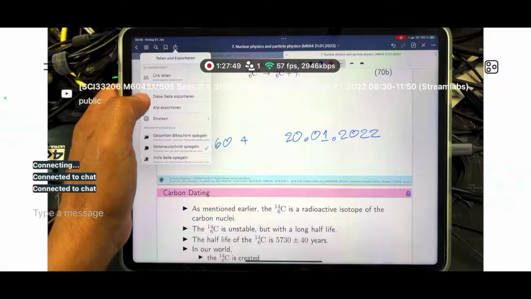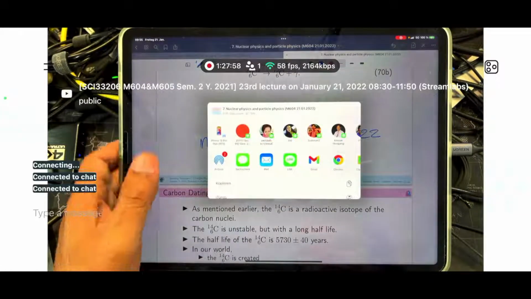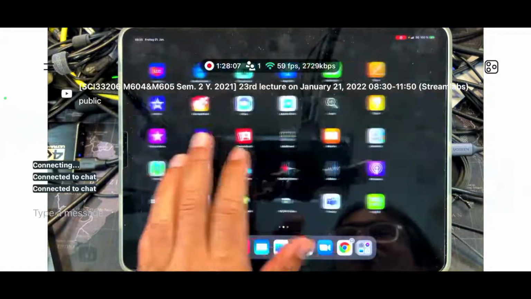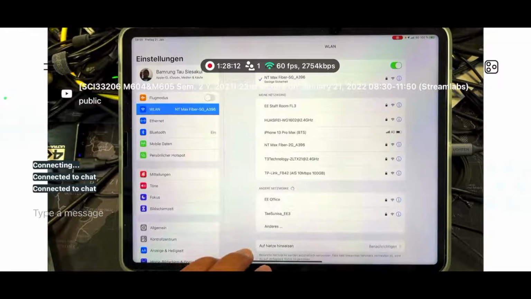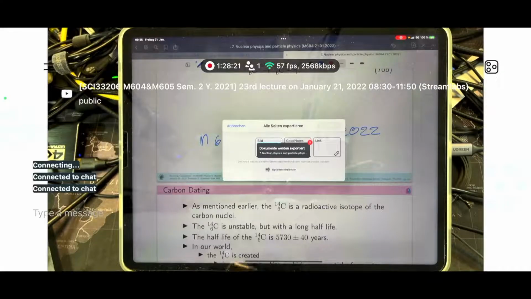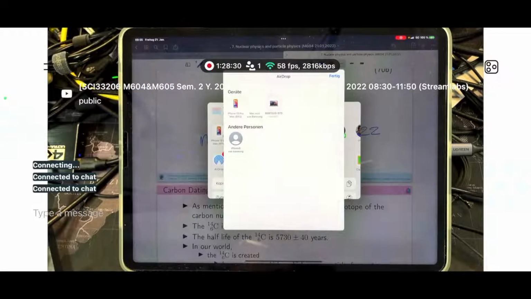Send it to me there. To make project, yes.